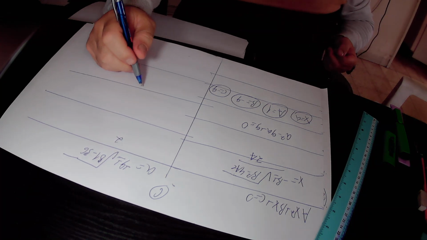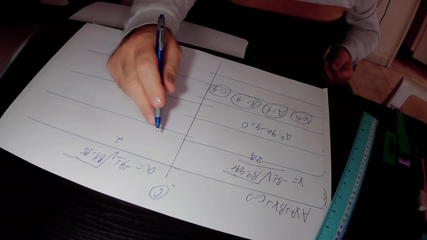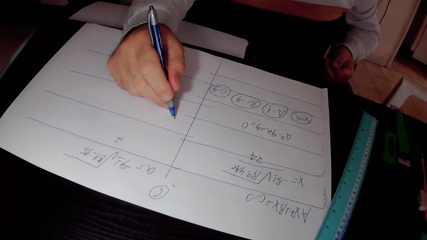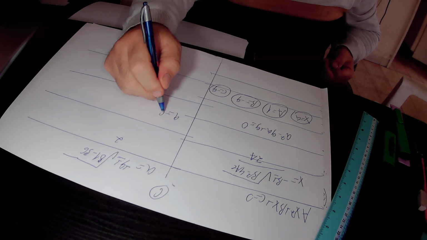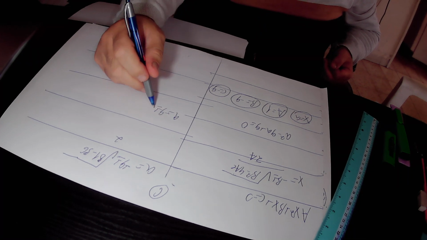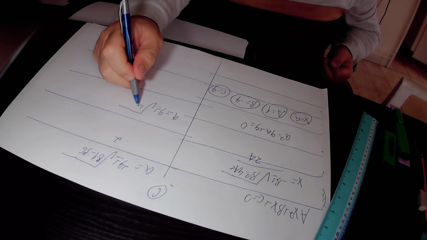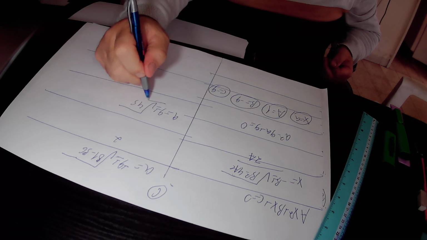So we found out that a, that is the radius of the small circle that we are looking for, equals 9 plus or minus the square root of 81 minus 36, which is 45. So inside the root we are left only with 45, over 2.